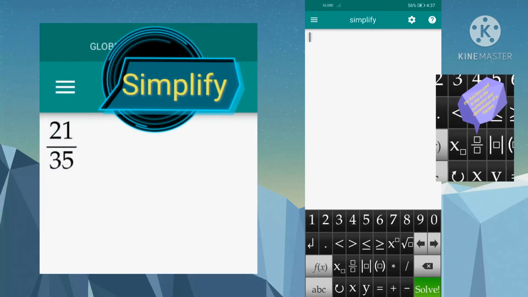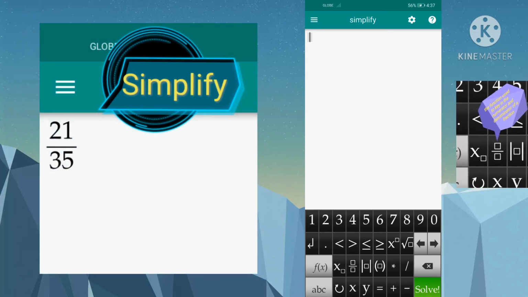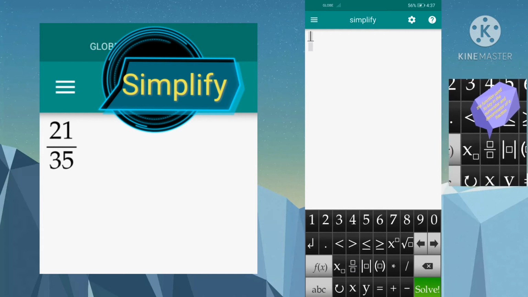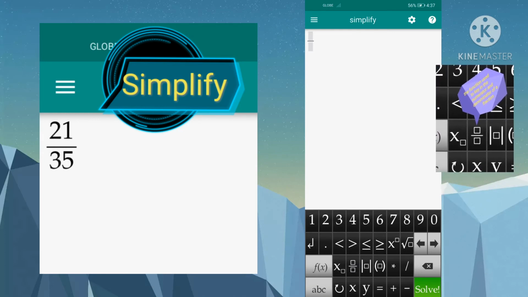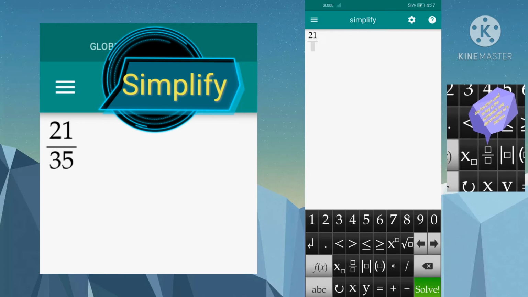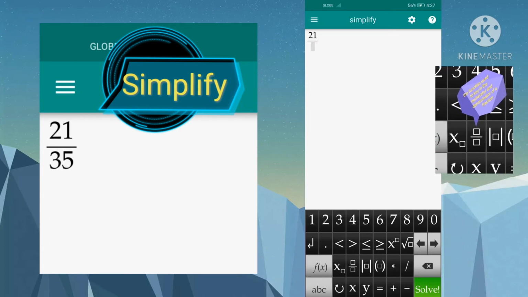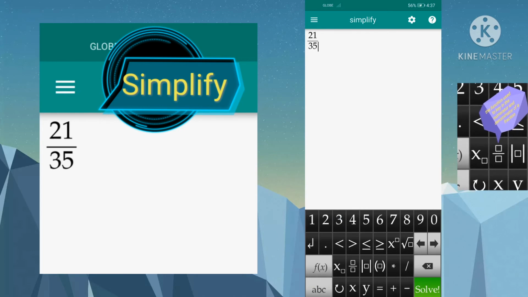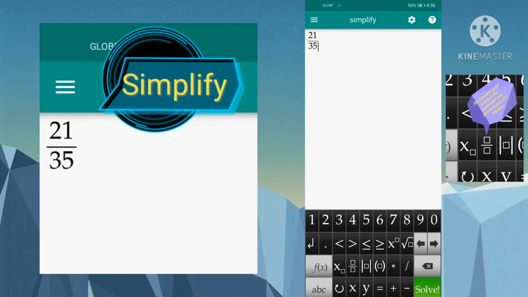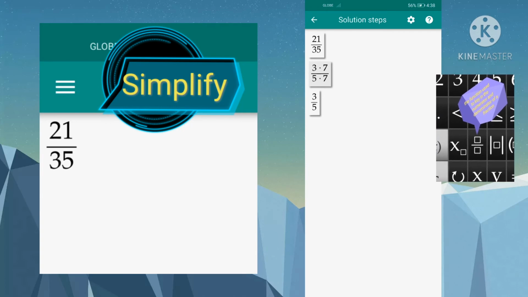Okay. Next. 21 over 35. So, again, yung fraction function natin. Then, pindutin ang 21 for numerator. Then, pindutin ang 35 for denominator. So, again, select solve. There.